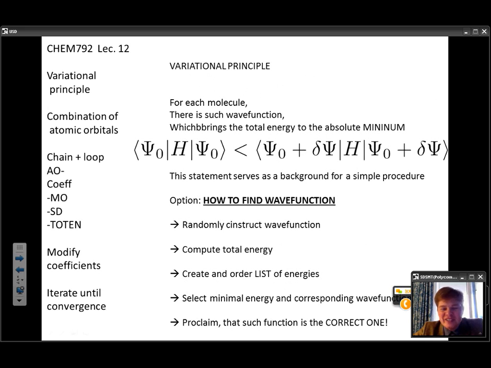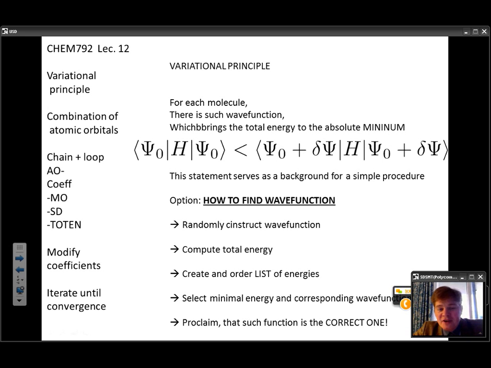And here is the mathematical reformulation of this idea. In the left part of the inequality, we have an expectation value of Hamiltonian operator, bra, operator, ket. So this is a total electronic energy that we later use for geometry optimization as a part of the whole system.